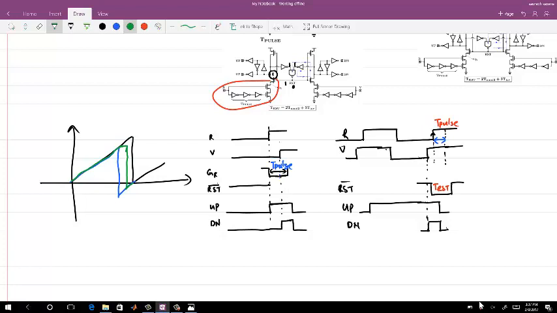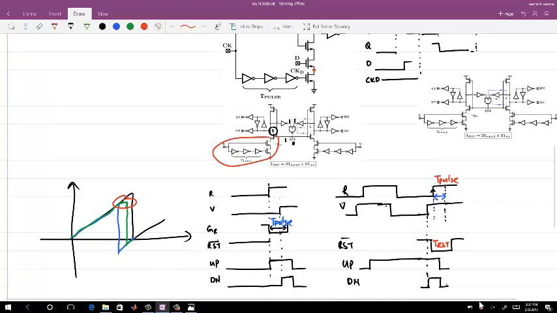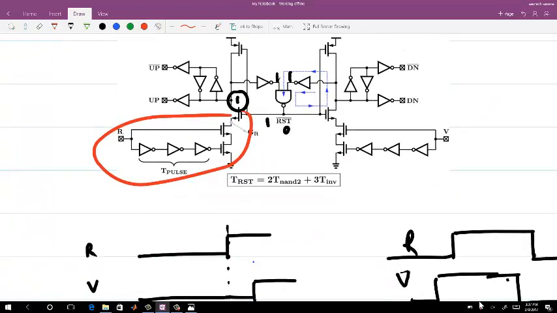And this flat region is dependent on the T pulse period.